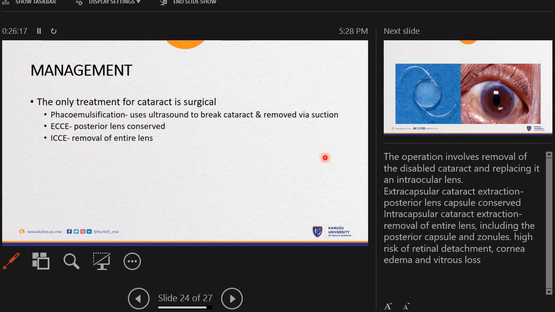With the intracapsular cataract extraction, you remove the entire lens, including the posterior capsule and the zonules. But there's higher risk of complications with this procedure. You can have retinal detachment, corneal edema, vitreous loss. So this procedure is not done as often these days because of the risk of complications.